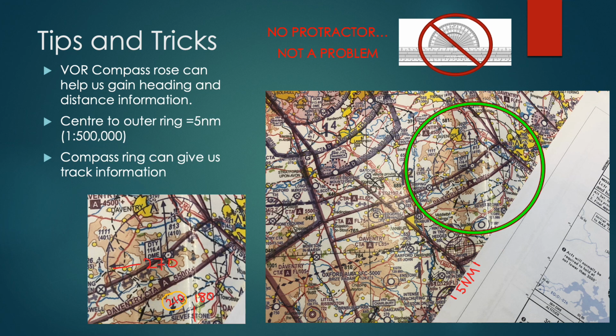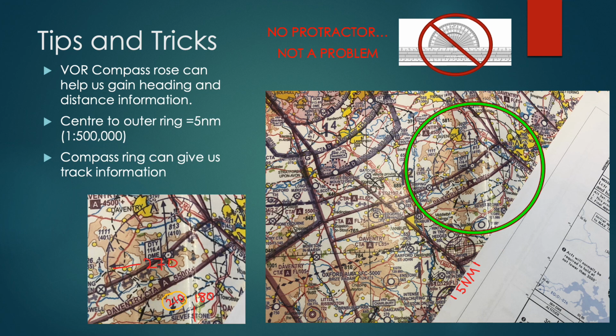Well, if we know that distance, we can create a mini scale for ourselves. And if you look at the bit of paper, I've got something I had in the aircraft, a small aerodrome chart, an approach chart, and I've measured it up against this ring. I've put a line where the dot is in the middle. I've put a line where the outer ring is, and that distance is 5 nautical miles.